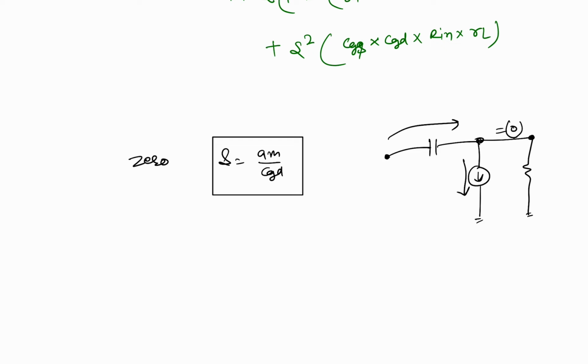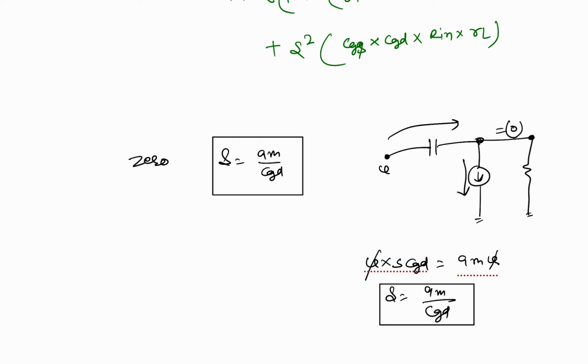So we get some voltage V. V times s Cgd will equal gm times V. So V cancels, and the frequency at which this occurs is gm divided by Cgd. At this frequency, all the current flowing from here to here goes here to here, so you will get a constant voltage, and here the zero will occur.